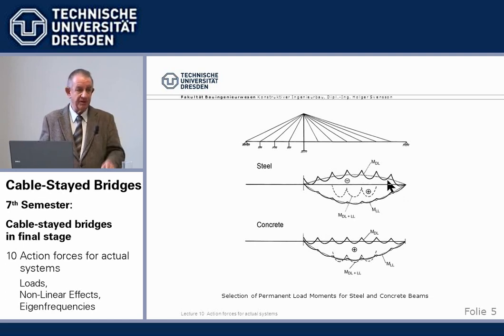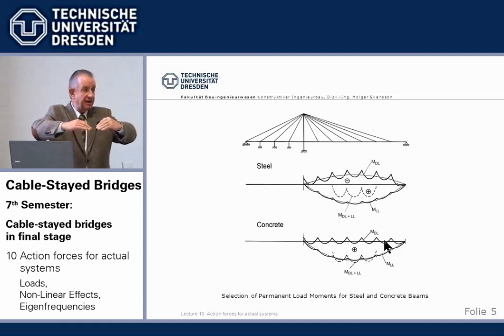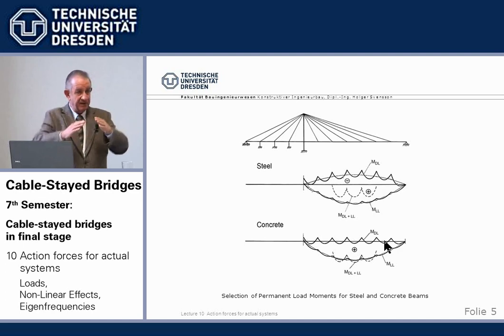Next time, in the numerical calculations, I will show you how we arrive at this set of cable shortenings, but we define the moments we want, and then we have given the moments of dead load on the elastic system. So we can then apply the cable shortenings with the computer in such a way that the sum of elastic and cable shortening gives us the desired run of moments in the final permanent load.